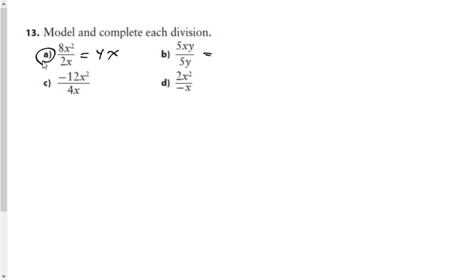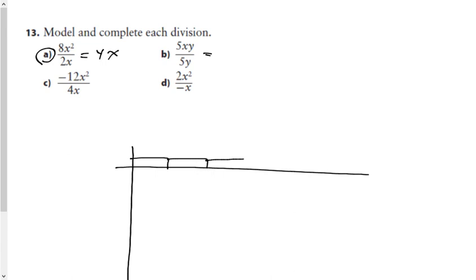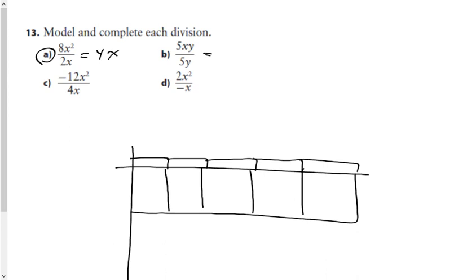B, 5xy, this is where it's going to get tricky. So our area, I'll put 5y here. Y, y, y, y, y. And 5xy, well, that's going to be easy. Positive y, positive y, positive y, positive y, positive y.